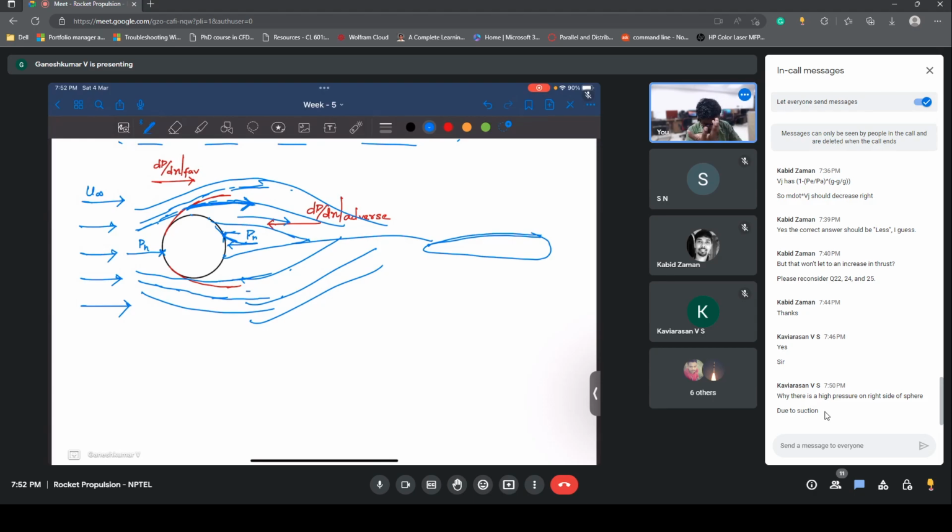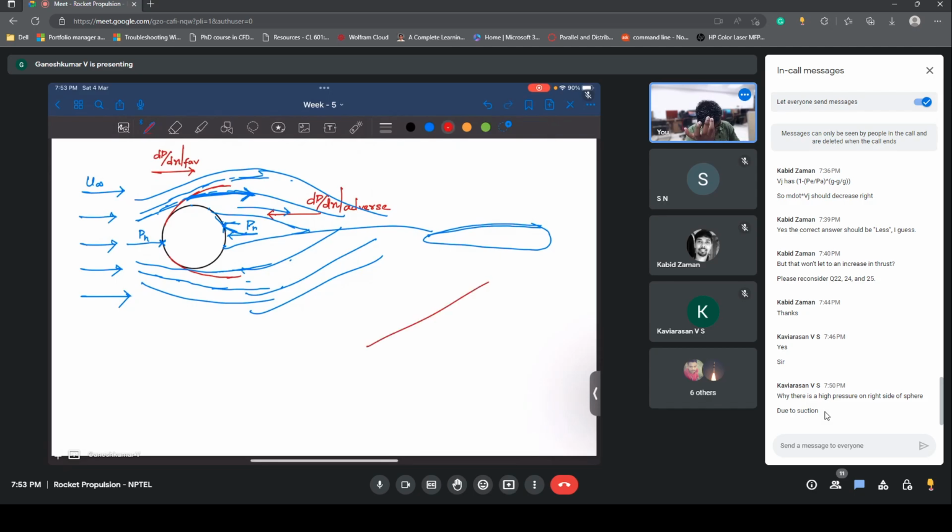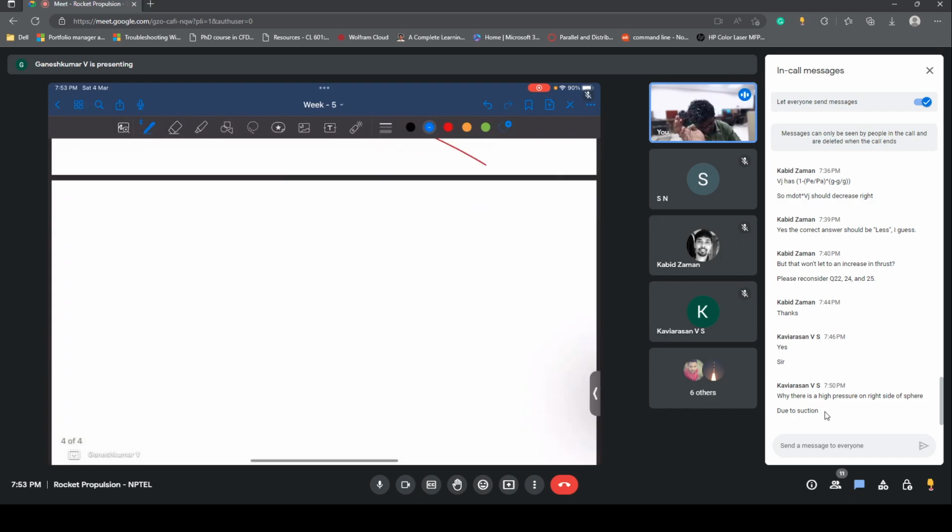So for example, if you take a nozzle also, in the nozzle you are getting accelerated along this direction, right? And I suddenly generate an adverse pressure gradient which is going to act in the opposite direction. So if you plot it, let me take another page.